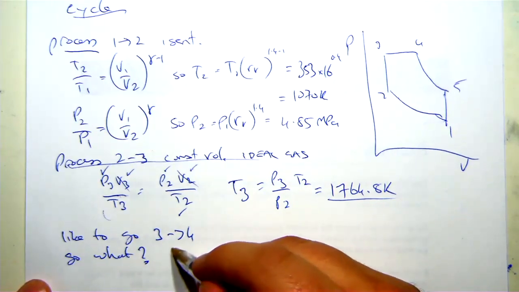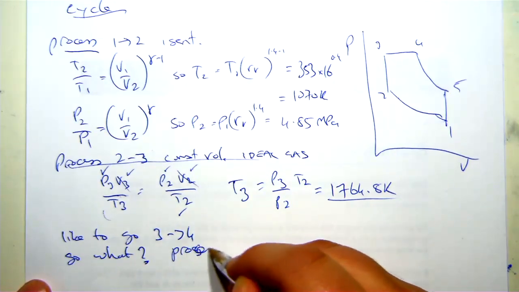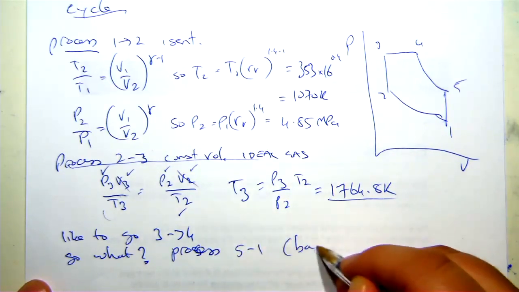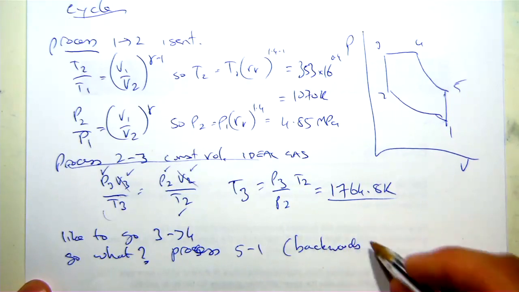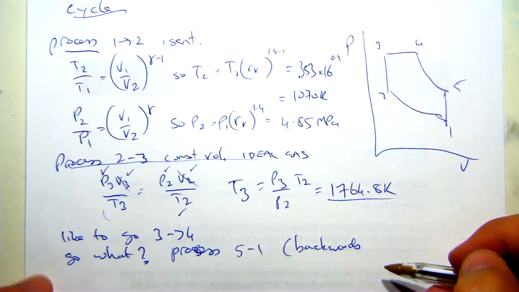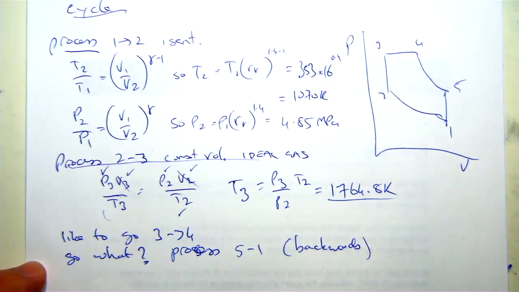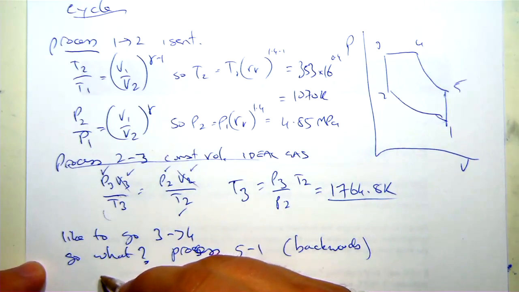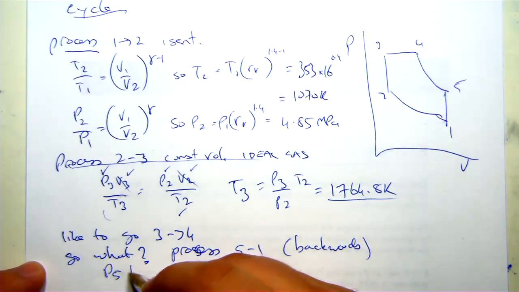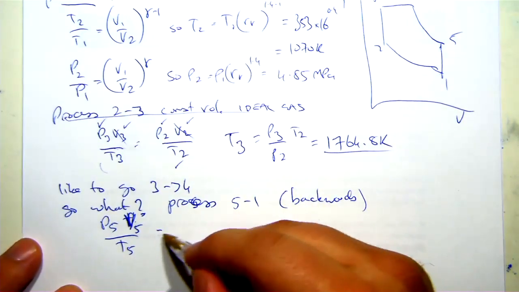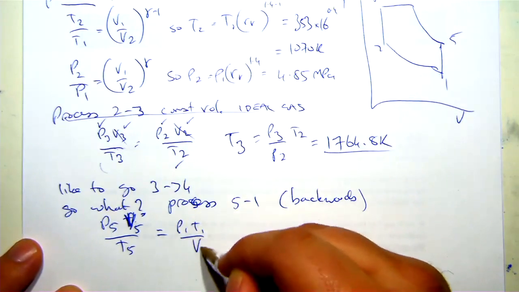I can go backwards. 5 to 1. Backwards. That's a constant volume process, and I've been given the temperature. That's nice. So, with this, from 5 to 1, I can go V5 on T5 equals P1 T1 on V1.